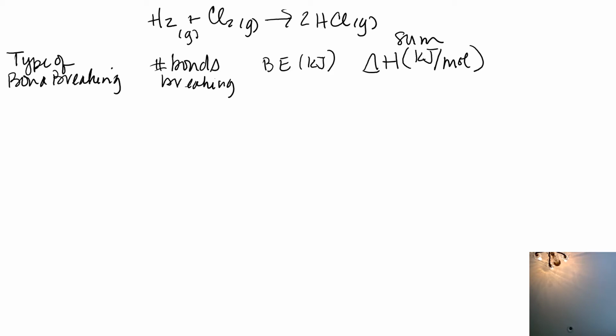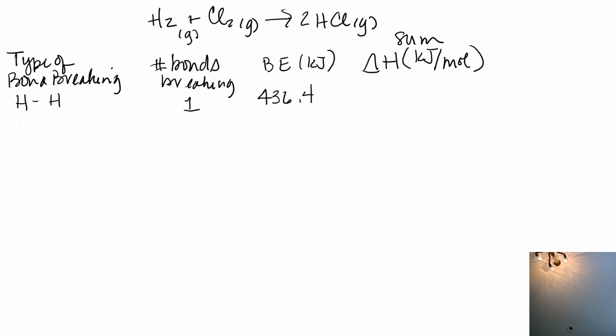So we have an HH bond that's going to break. We have only 1 mole of those bonds, so 1 bond breaking. The bond energy for breaking 1 mole of those bonds is 436.4 kilojoules.